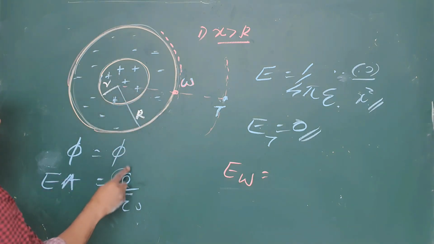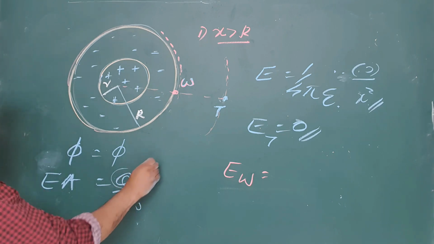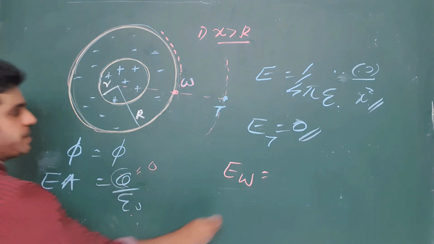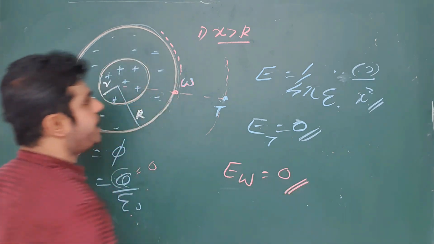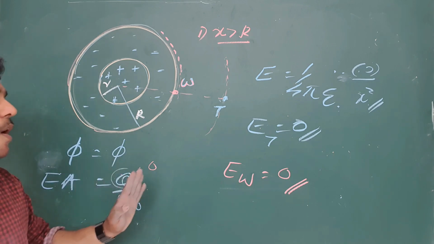So finally the algebraic summation of charges becomes 0. Because 0 divided by any number equals 0, when we divide by A, again it becomes 0. E at W is also 0.